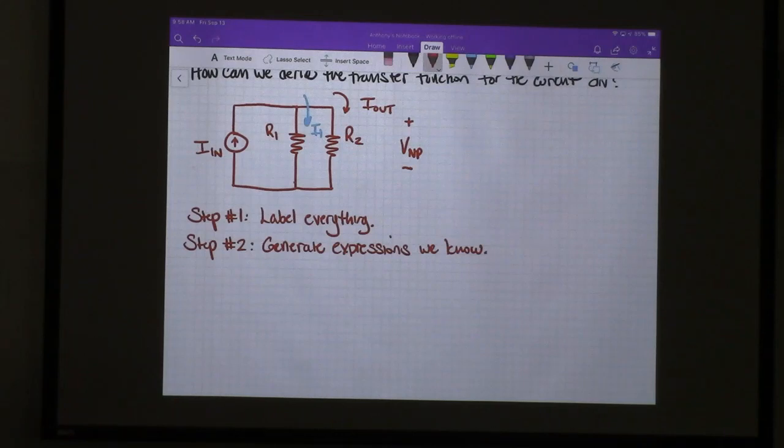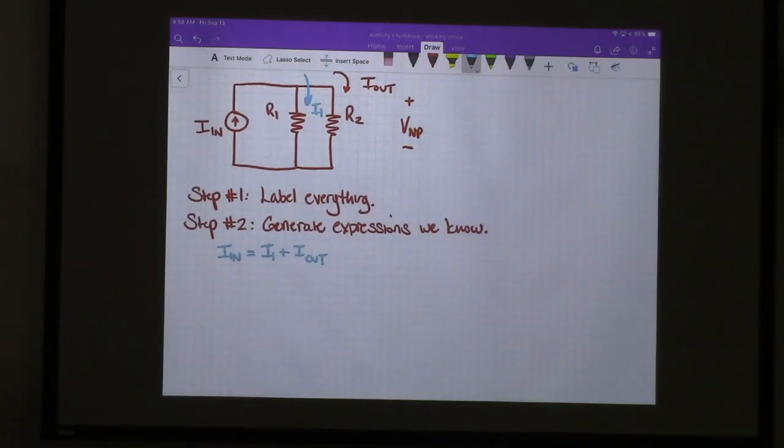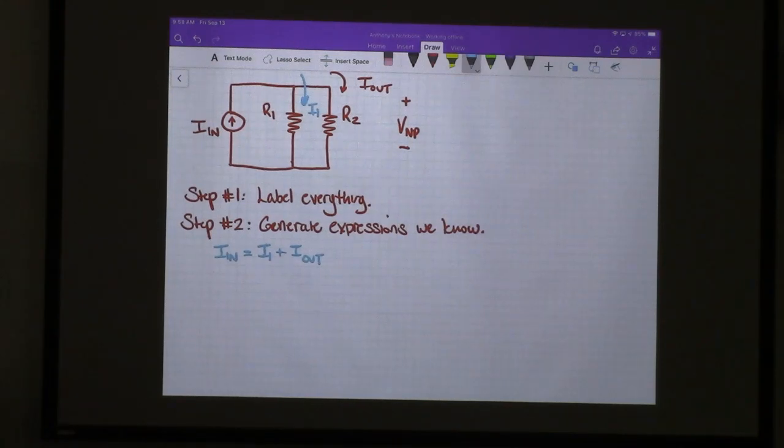So what expressions do we have? We know that I in is equal to I1 plus I out. We know that V node pair is equal to I1 times R1, which is also equal to I out times R2.